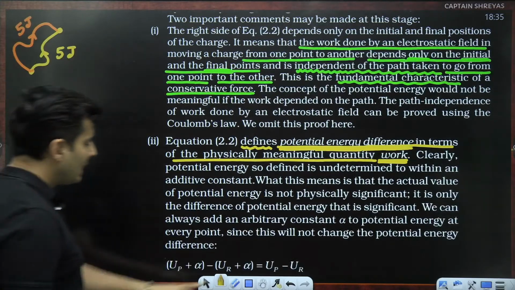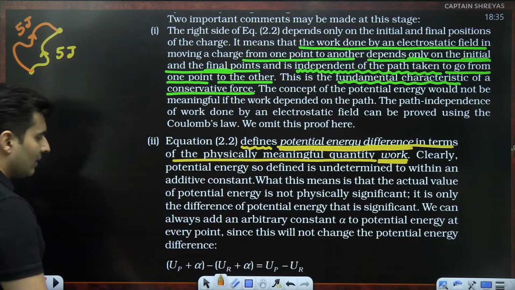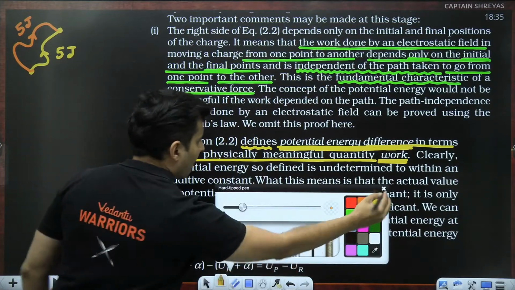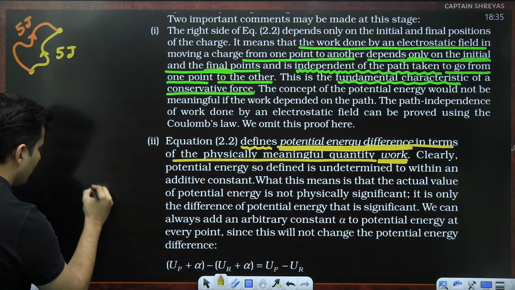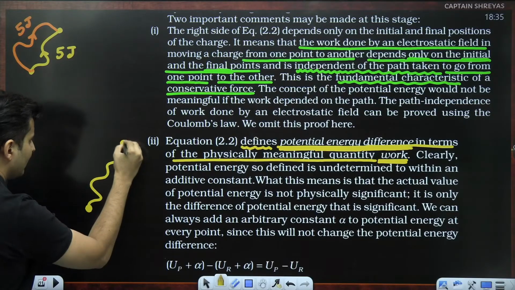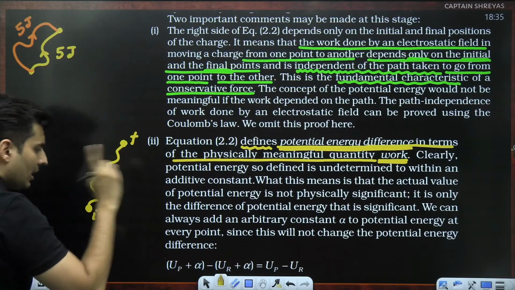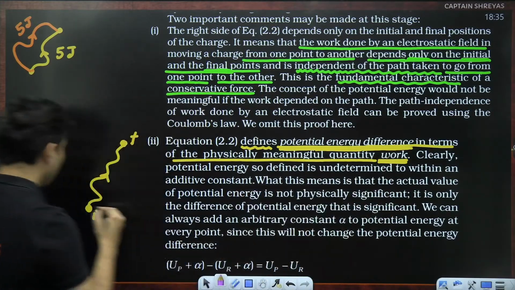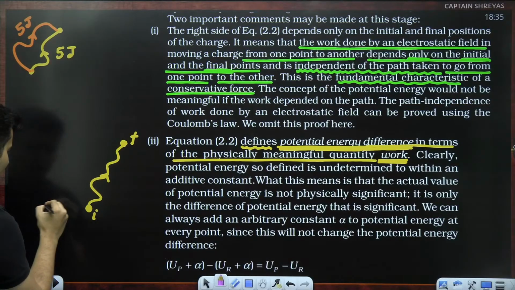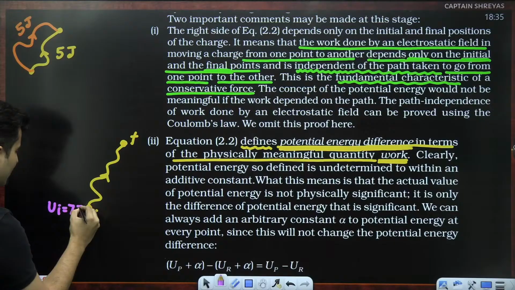Say what it means. Observe this carefully. Imagine you are taking some charge from here to here. The path does not really matter as long as my initial and final points are the same. Imagine one Pandu says at this point the initial potential energy is, for example, 7 joules.